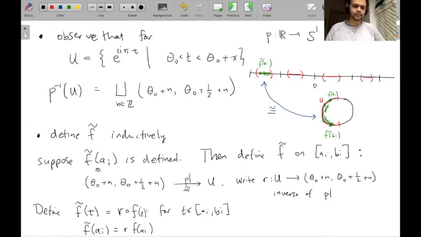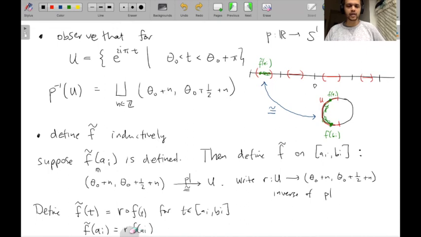So this map does what we want on a_i. Well, yeah, f tilde of a_i is already defined. So the thing is, we want whatever is on the right-hand side to agree with what we've already defined.